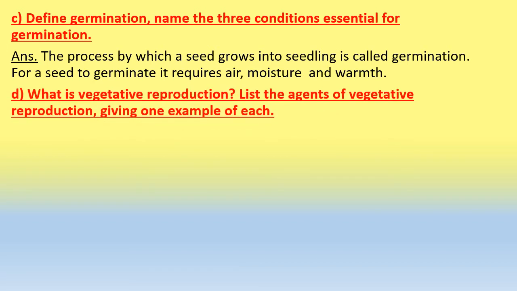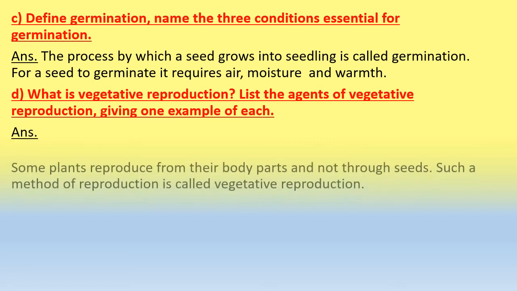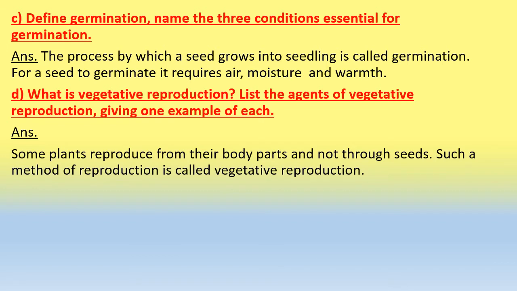Part D, what is vegetative reproduction? You have to list the agents of vegetative reproduction by giving one example of each. So its answer is, some plants reproduce from their body parts and not through seeds.